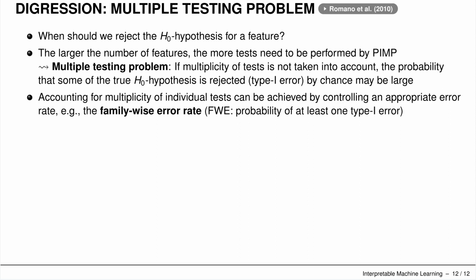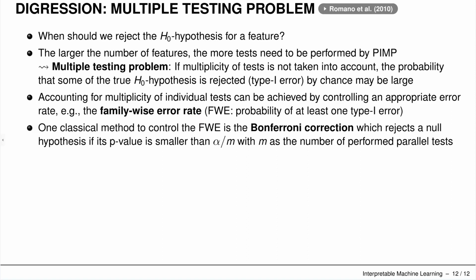One of the approaches is to control the family-wise error rate, so that is the probability of at least one type 1 error. The simplest solution to that is called the Bonferroni correction, where you take your significance level from the beginning, so it might be 0.05, and you divide it by the number of performed tests.